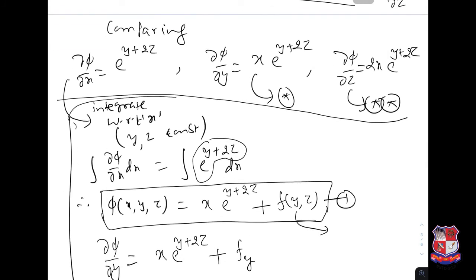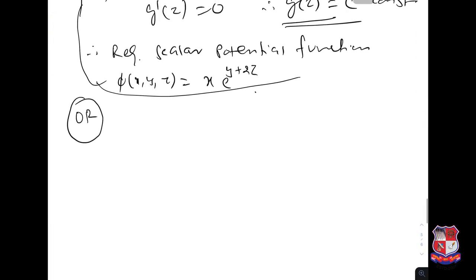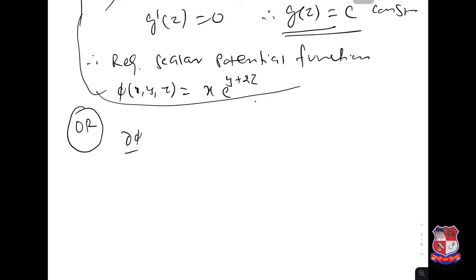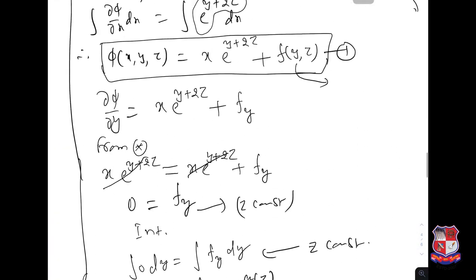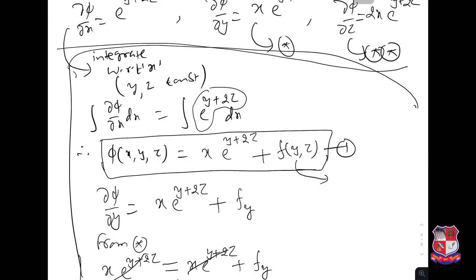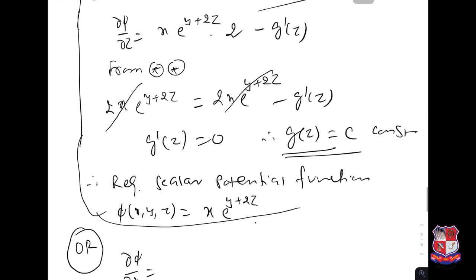So after that let us take del phi by del x. Let us write again that part. Del phi by del x is e power y plus 2z.